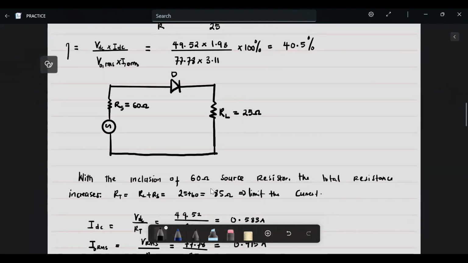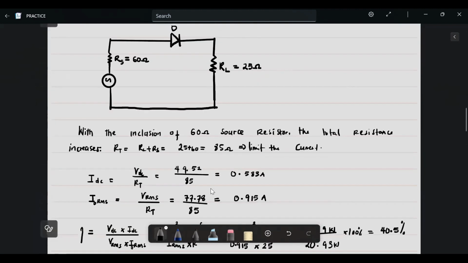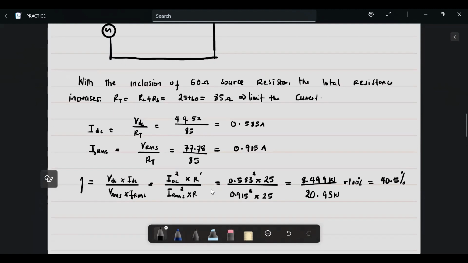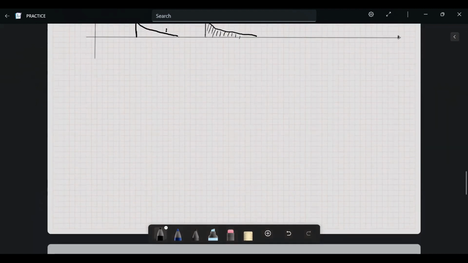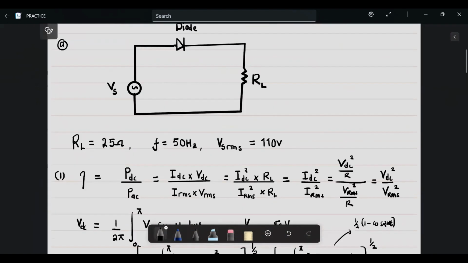We also need to have a source, a 3-phase source. What question number is this, in fact?